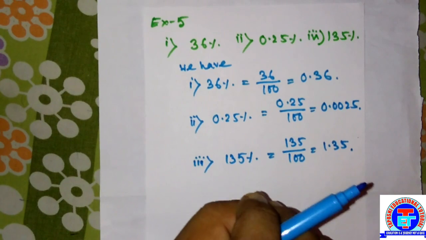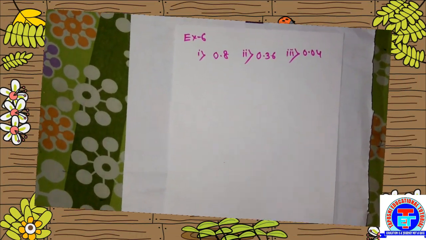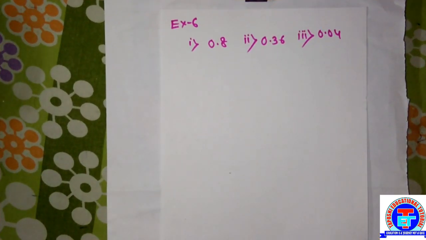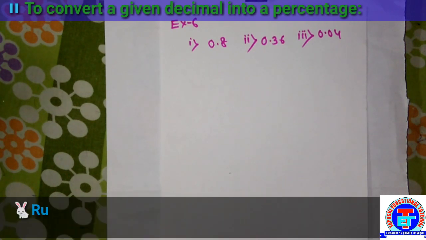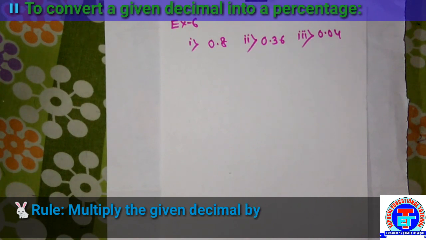I hope you understood. Now my dear student, here is another problem that we solve: converting a given decimal into a percentage. The rule is the same way: multiply the given decimal by 100 and put the percentage sign.